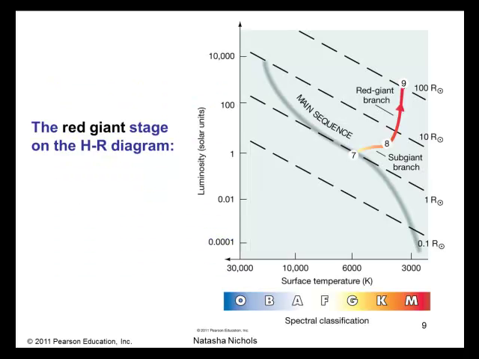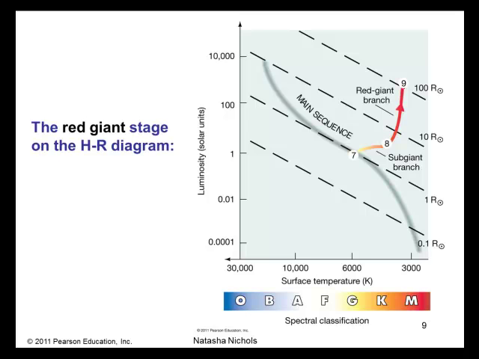Here is the red giant stage represented on the HR diagram. As the helium core shrinks and the outer envelope expands, the star leaves the main sequence. Stage 7 over there. At stage 8, the star is well on its way to becoming a red giant.